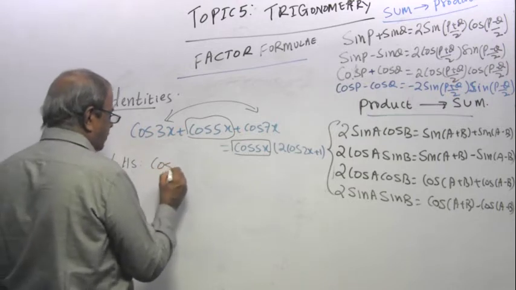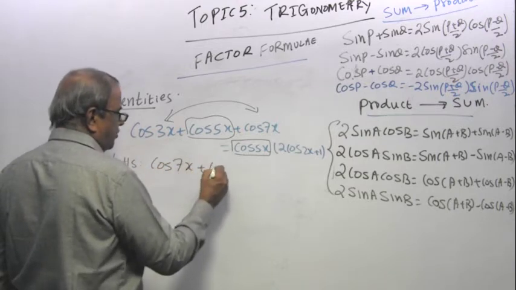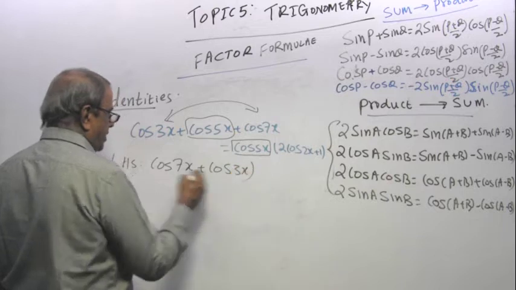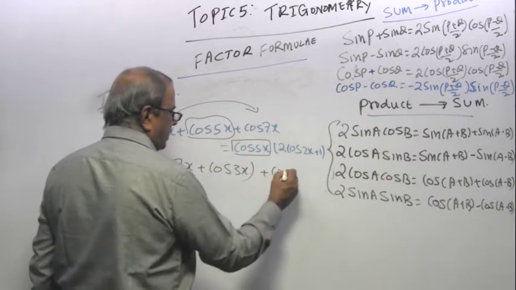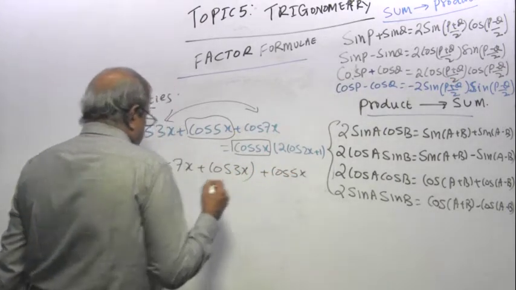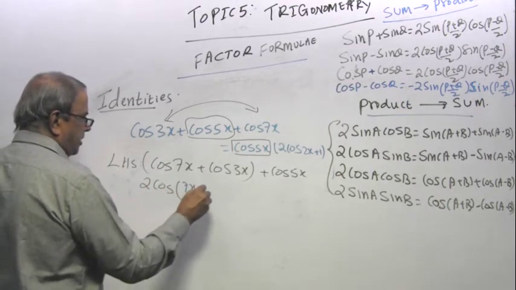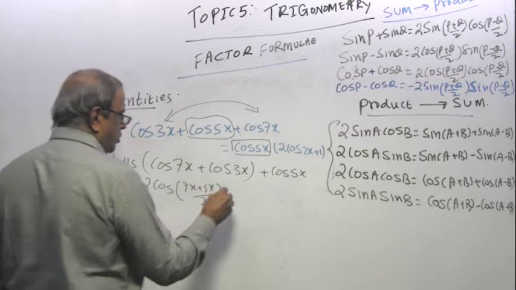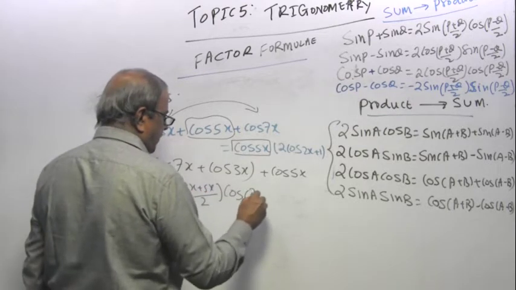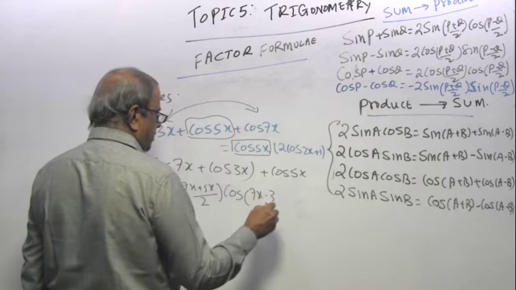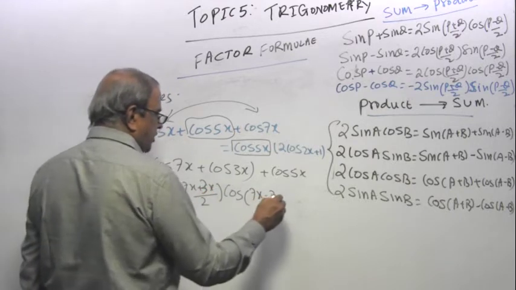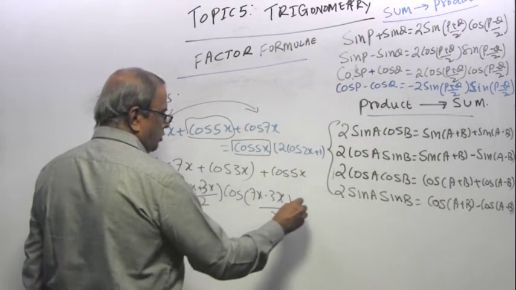So it is cos 7x plus cos 3x plus cos 5x. So that is 2 cos of (7x plus 3x) over 2 cos of (7x minus 3x) over 2, plus cos 5x.